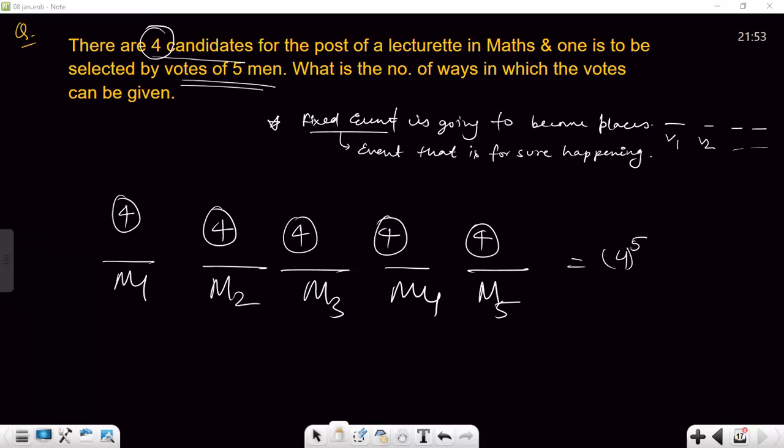No, sir. 4 raised to power 5 can be written as 2 raised to power 10. How can anyone explain? Can anyone explain?